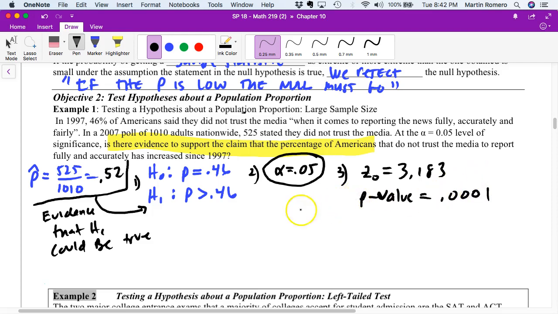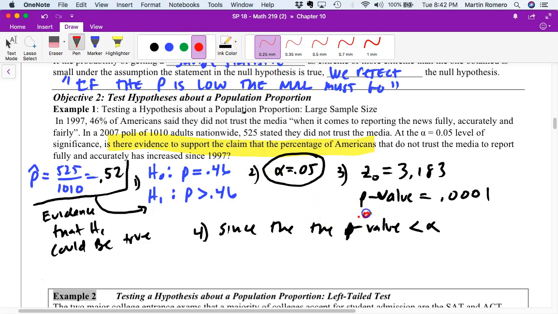And so step 4 is to decide. Since the p-value is smaller than alpha, and those p-values are 0.0001 and 0.05, since the p-value is smaller than alpha, we reject the null hypothesis.